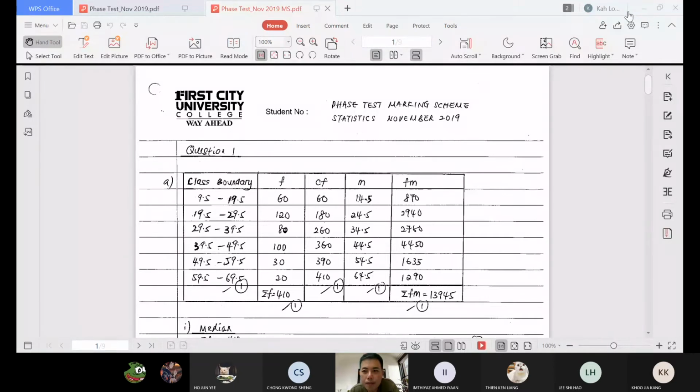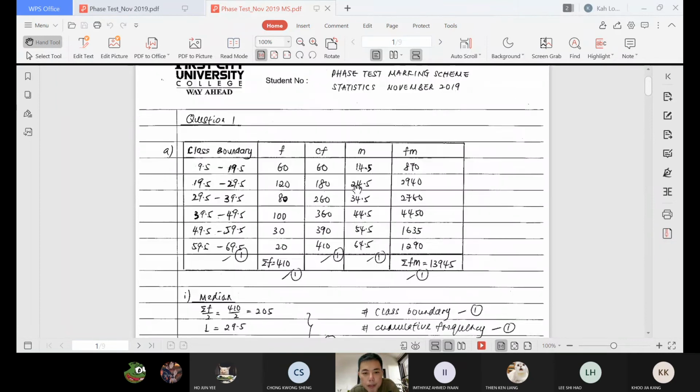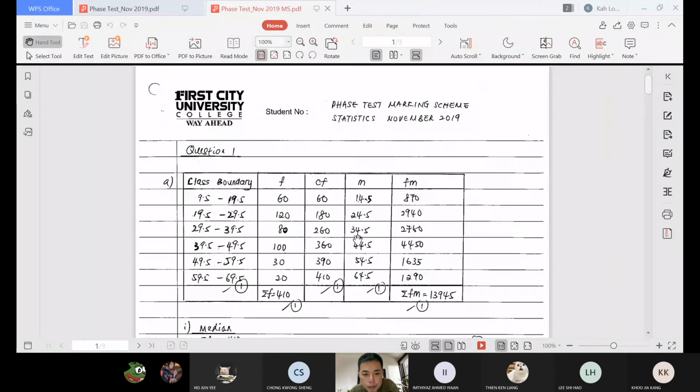Ken Liang, your turn. Just now I asked Junyi, we want to calculate median and mean, so we need a frequency table.